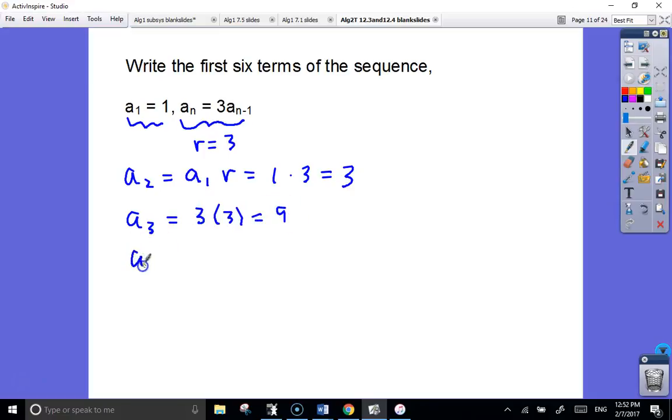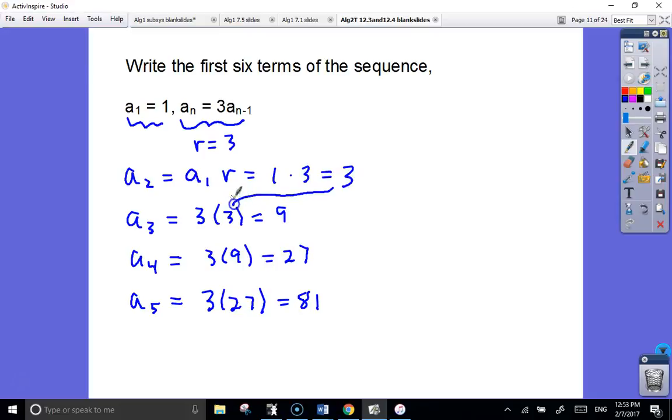So that a4, 3 times 9. a5, 3 times 27. And every one of these, the 3 goes there, the 9 goes there, 27 goes there. And what's the last term? 243, right.